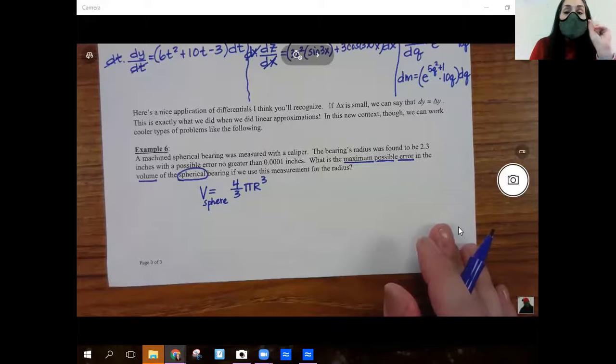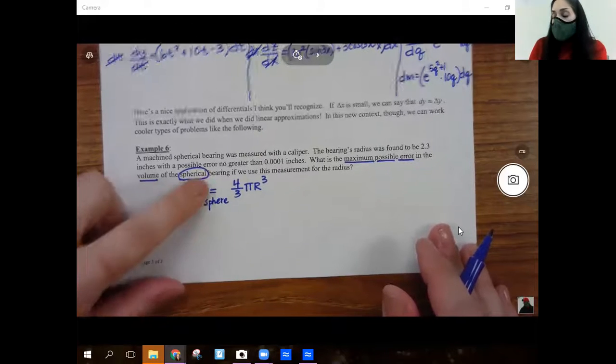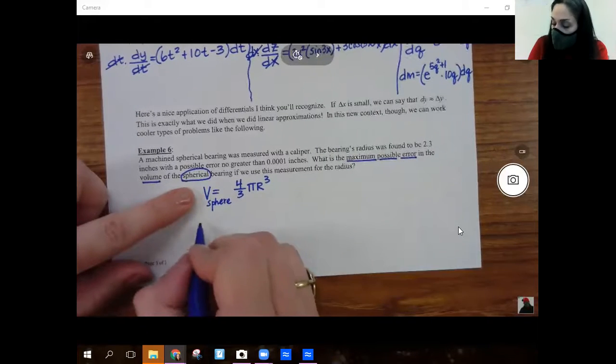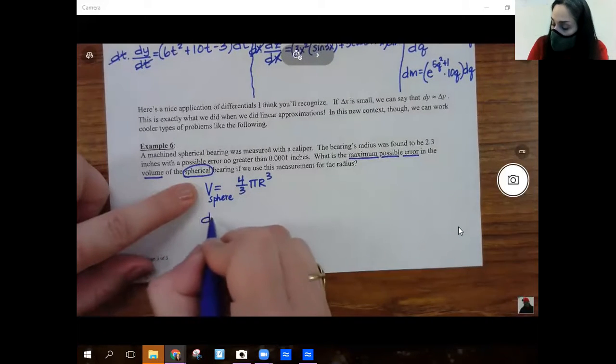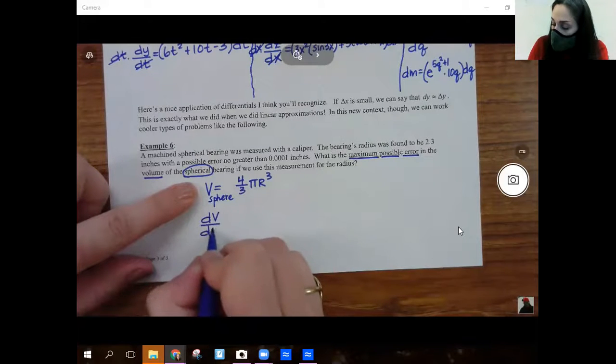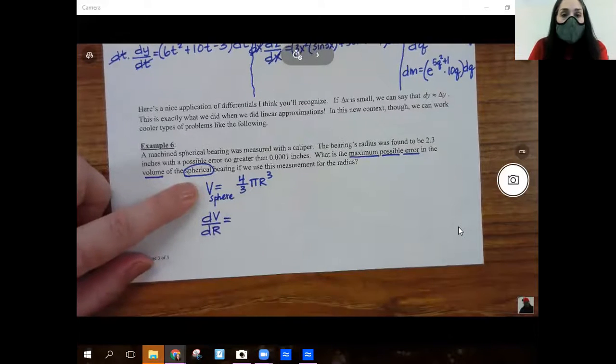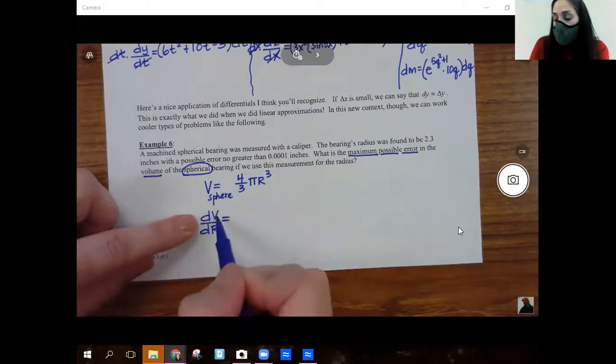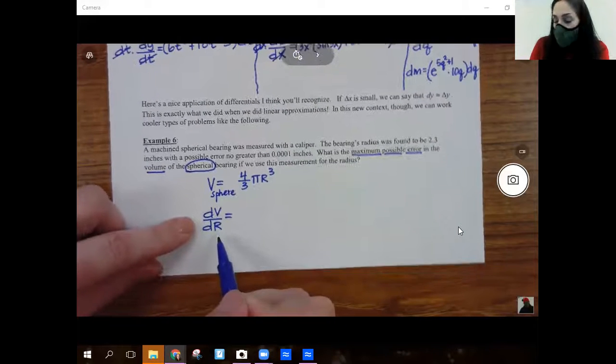So now we're trying to find the maximum possible error. So what we need to do is find the maximum of this volume. To find the maximum of this volume, we need to take the derivative of it. So this would be dV/dr, change in volume over change in radius.